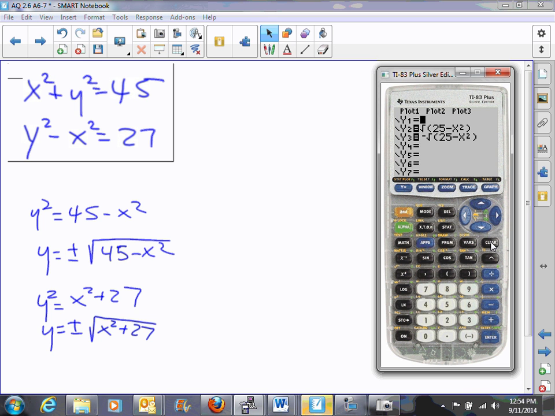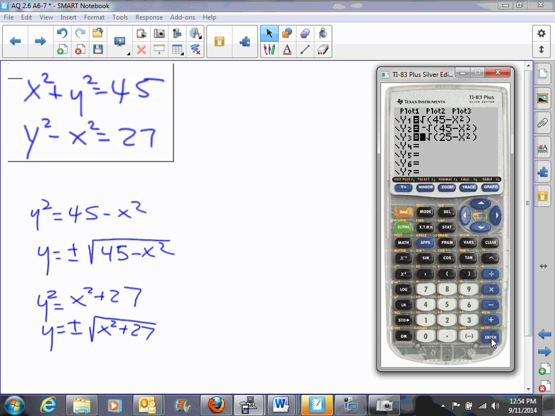So, first of all, we'll do square root 45 minus x squared. The second one, we'll do the negative of the square root of 45 minus x squared.